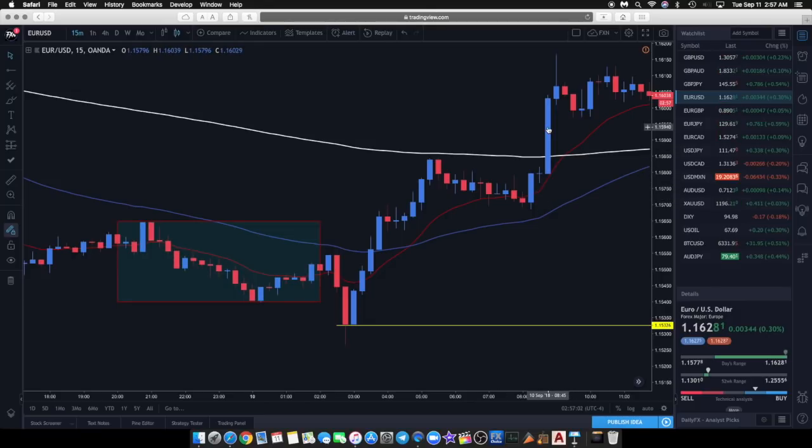towards the beginning of the U.S. session. U.S. session starts at what time? 9:30, right? So between, here we go, between 9, which is this candle here, and 9:30, which is this candle here. Okay, so in 2 candles, this is the 9:15 candle and the 9 o'clock candle.